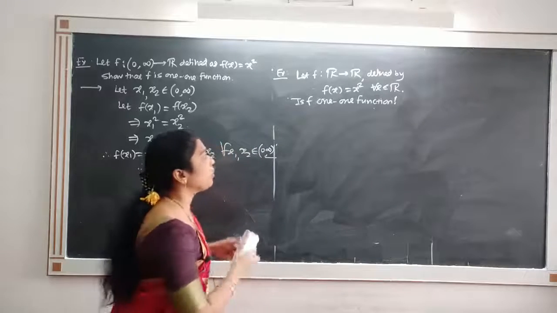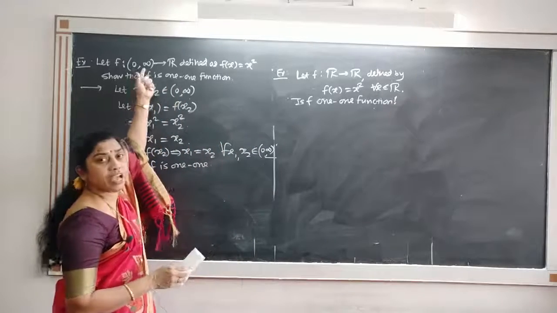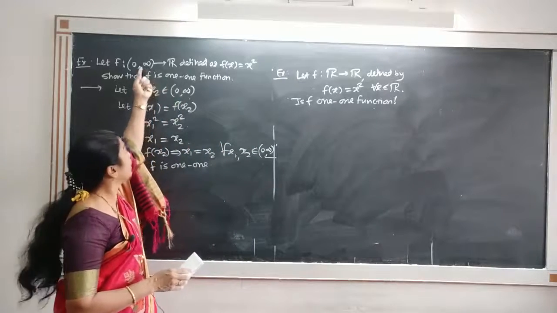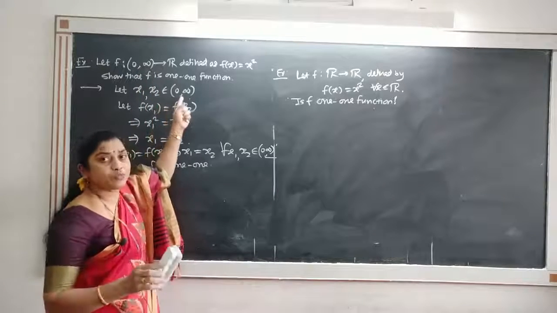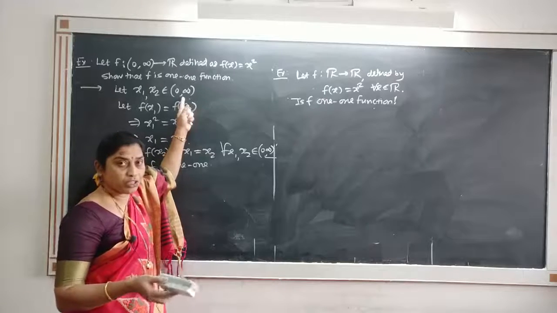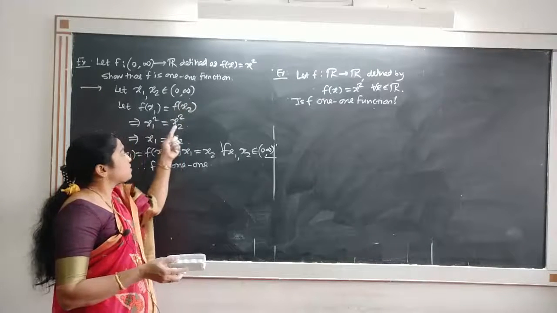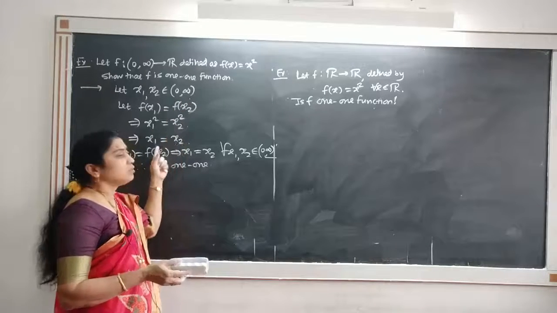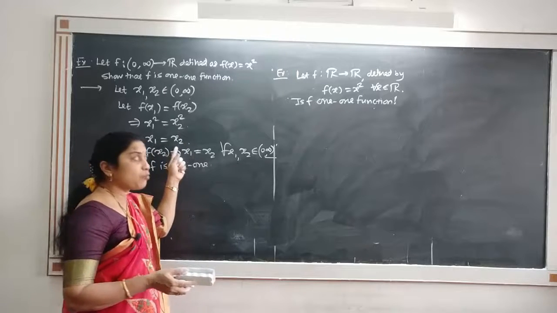Now see the domain, the function is the same, x square, only I have changed the domain. Earlier, x1 and x2 came from 0 to infinity, meaning both x1 and x2 are positive. So if their squares are equal, the numbers are equal because they are positive.